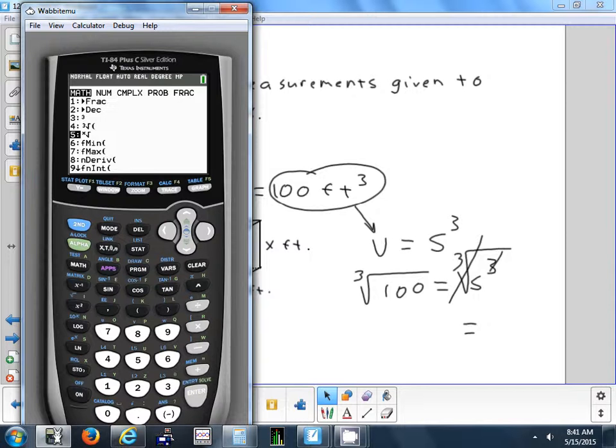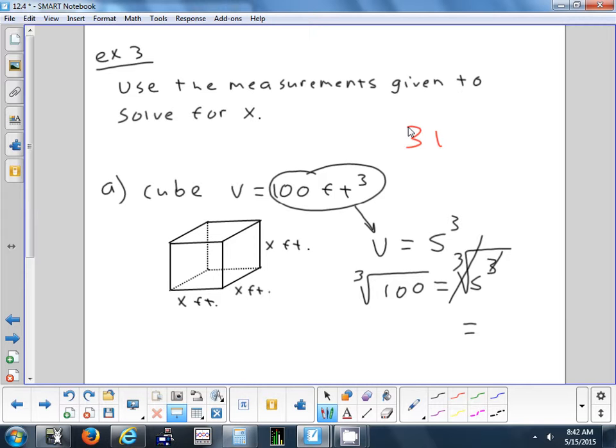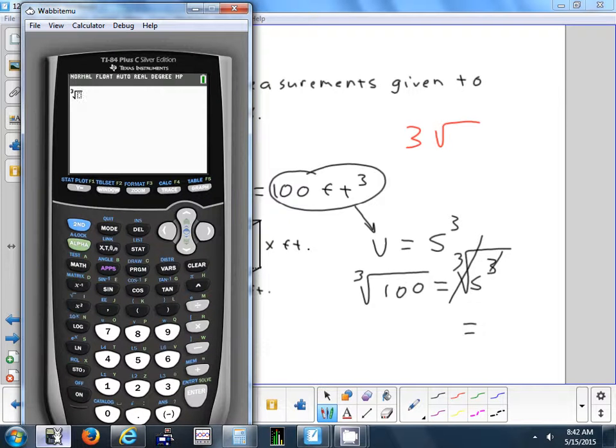And that X basically is going to get changed to whatever number I just typed in. So I typed in a 3. So if I press the 5th option down, see how I just made it a cube root? Now my calculator, it's not going to make it look nice and pretty like that. It's going to end up looking like this. It's just going to stick the 3 in front, because my scientific calculators can't write the 3 small like that.